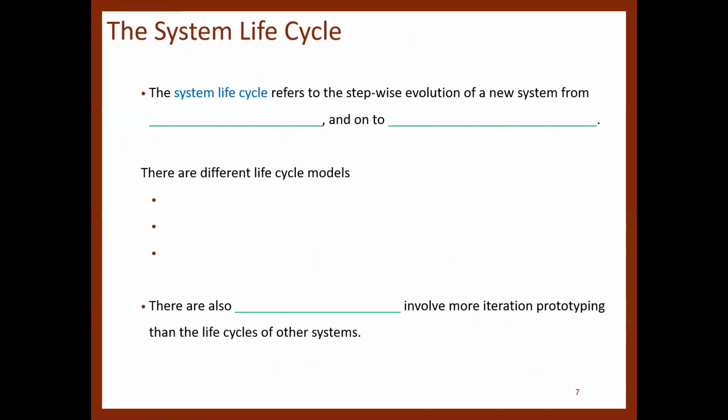Another important concept is the concept of the system life cycle. If you have taken courses in, let's say, concurrent engineering or product development, you should be familiar with the system life cycle or the life cycle of a product, which means that you have different stages for the development, and in each one of those stages, there's some type of action or some type of measurement that you have to take.